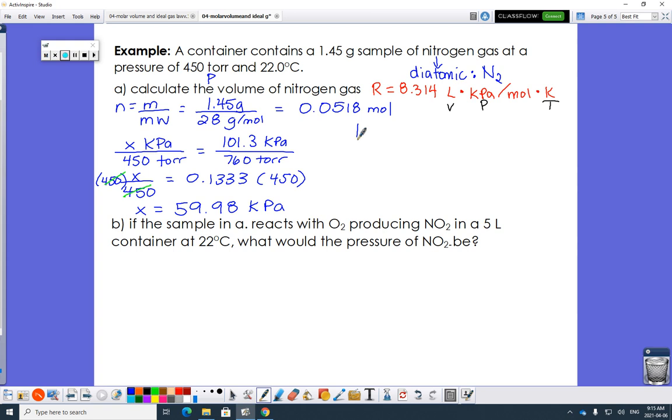And then temperature. And this formula is actually on the formula sheet as well. You just have to add 273.